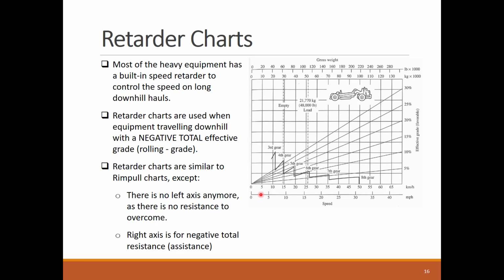This happens when the equipment is driving downhill with a grade that's more than the rolling resistance. This means that this downhill negative grade will result in a total negative resistance, or we can call it assistance. In that case, the equipment operator does not have to push the gas or diesel pedal, and there is no resistance to overcome.